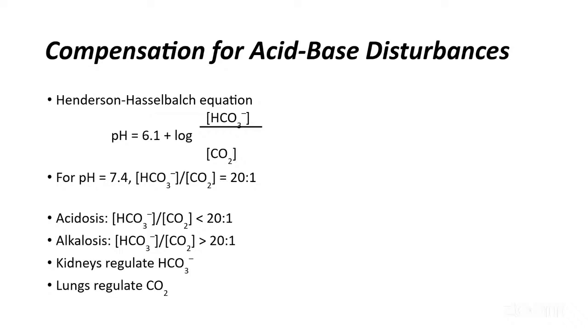So we can compensate for these disturbances using either kidneys or lungs, depending on what our problem is. If we're doing it with the kidneys, we're regulating the bicarbonate side of this ratio. If we're doing it with the lungs, we're regulating the carbon dioxide side.